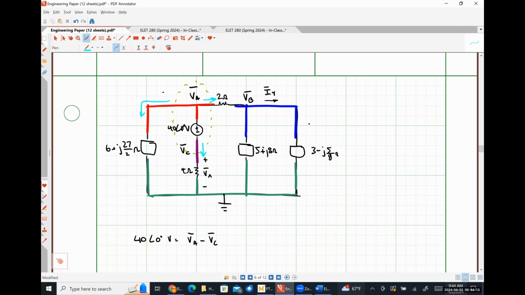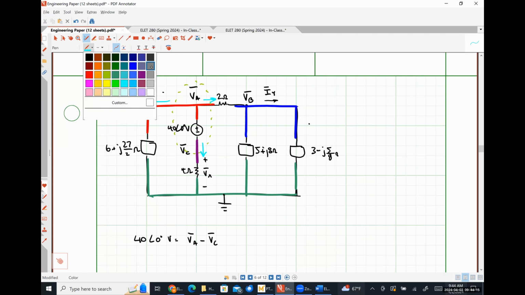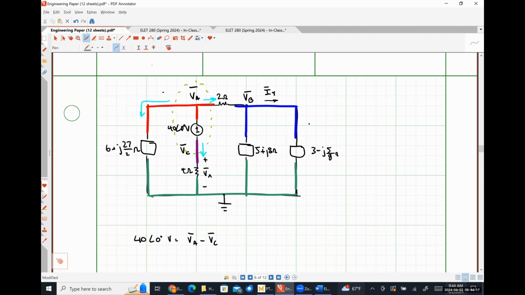Now I want to show you guys something. And it's effectively the reason why this works. So if I did KCL at node A, I would have the current flowing to the left through the 6 plus j27 over 2, the current flowing to the right through the 2 ohm resistor, and I would also have this current that I've labeled in gray flowing down through the voltage source, which I can't express.